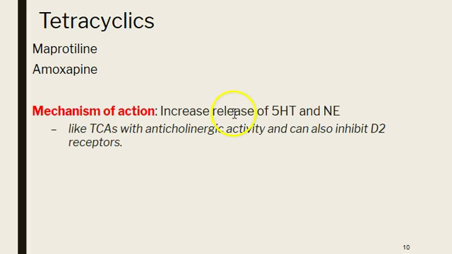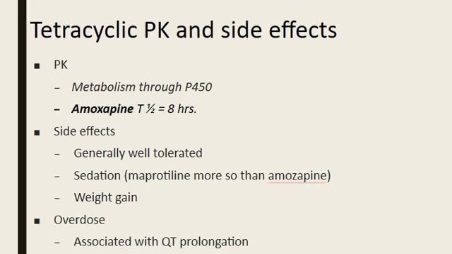So the mechanism of action is actually quite long. They inhibit the reuptake, of course. They favor the release of these two neurotransmitters, as well as having some anticholinergic and antidopaminergic activity. So you can kind of guess what those side effects are going to look like.